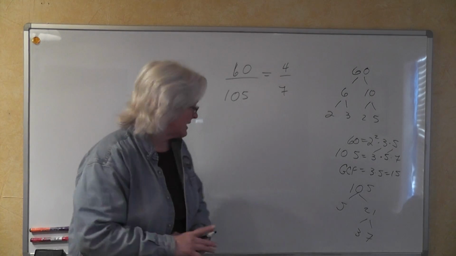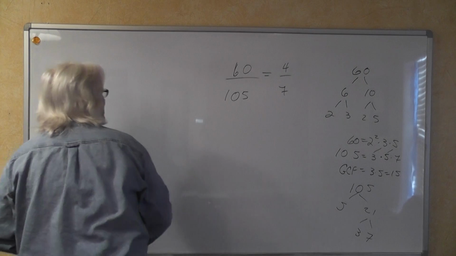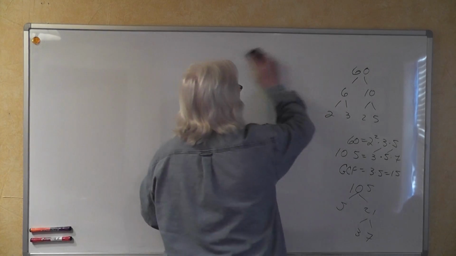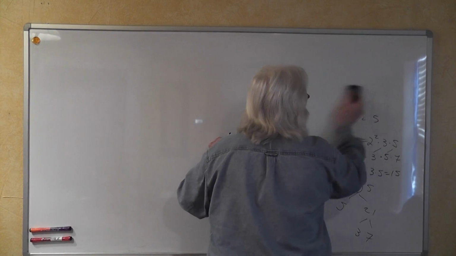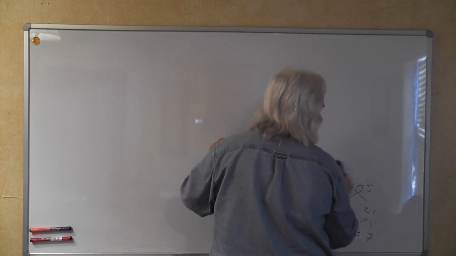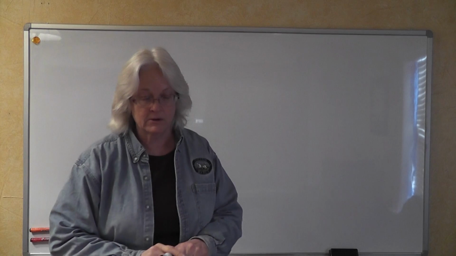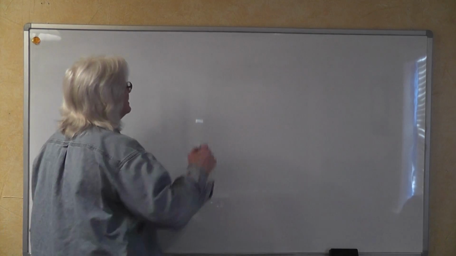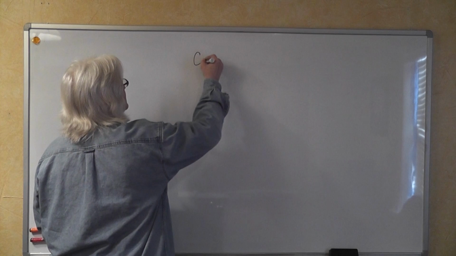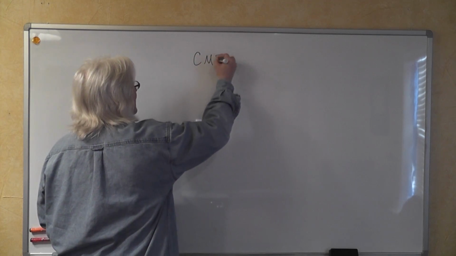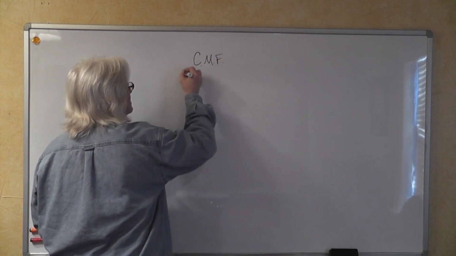When you move to an algebraic expression that has variables in it, the common monomial factor is a monomial that is a factor of all of the terms in a polynomial.